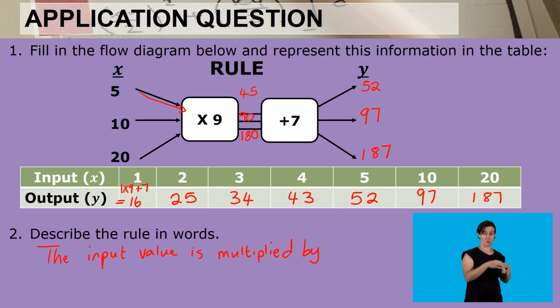And after we multiply the input value by 9, then we are going to add 7 onto that. So then 7 is added to that product.